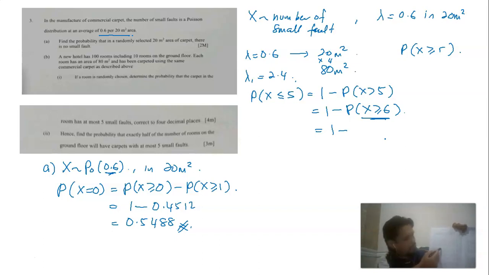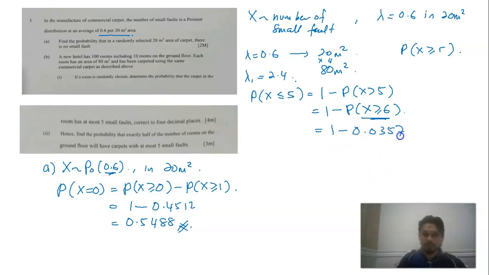Then X greater than or equal to 6, which is 0.0357. This gives you 1 minus 0.0357, which is 0.9643.